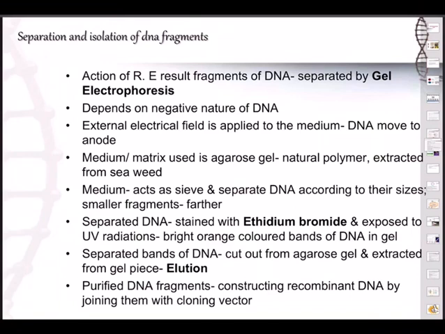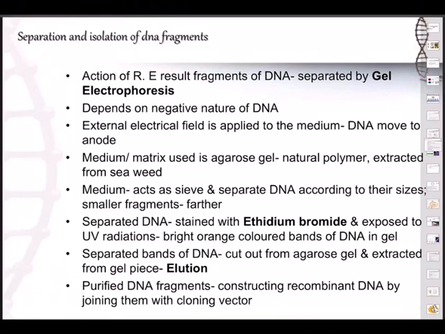The gene of interest from the source DNA and the cut vector are mixed and ligase is added. This results in the preparation of rDNA, recombinant DNA. If required, the gene of interest is amplified using PCR. And the third step we were talking about is insertion of rDNA into a suitable host cell or organism.